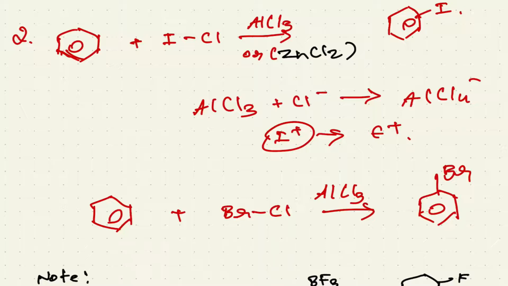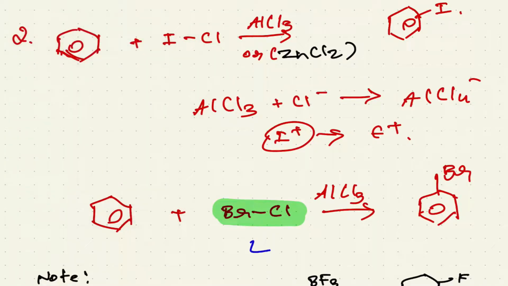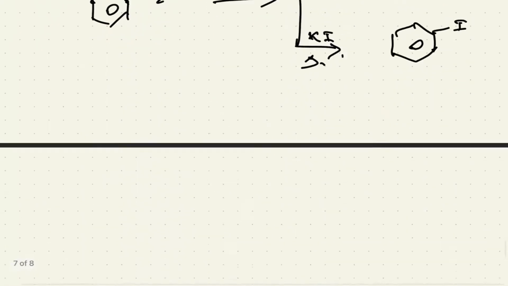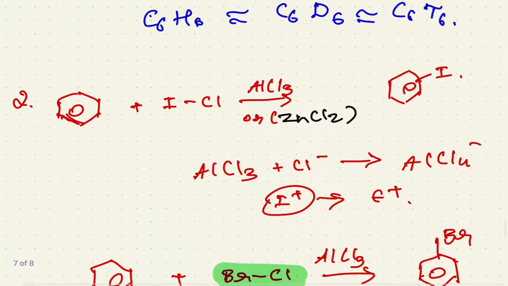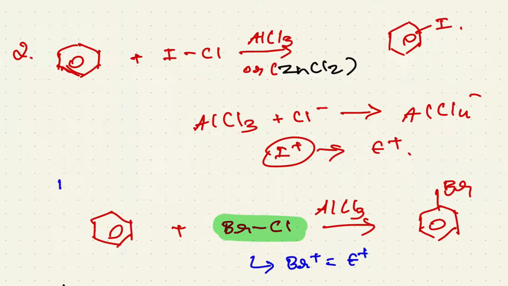So the electrophile of this would be Br, not Br plus, not Cl plus. Just remember that. I have given the logic as well. It's because of the electronegativity order, which is like this: fluorine is more electronegative, then chlorine, bromine, iodine.